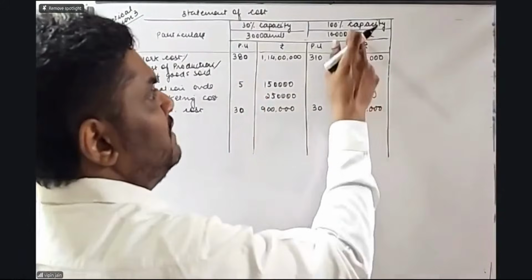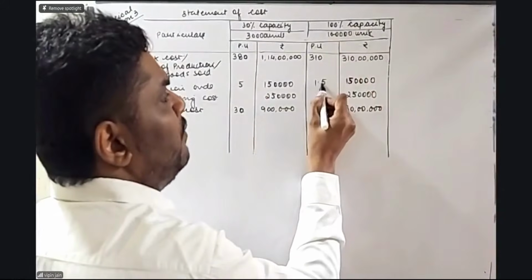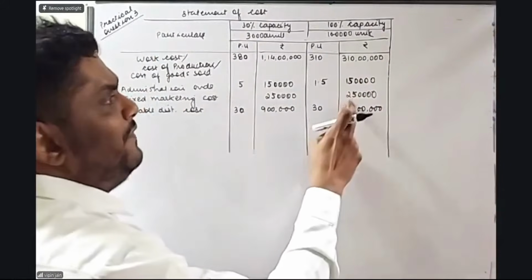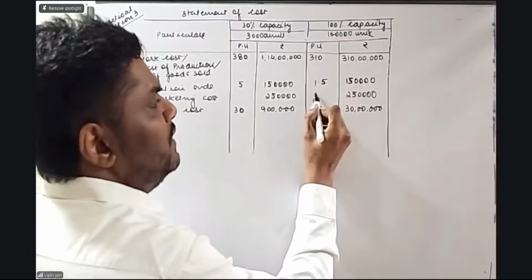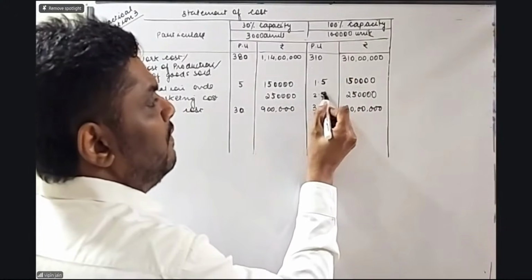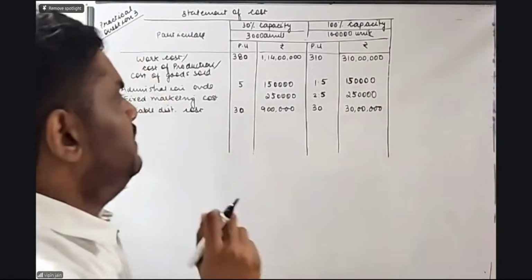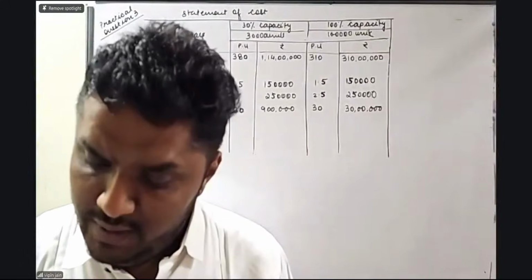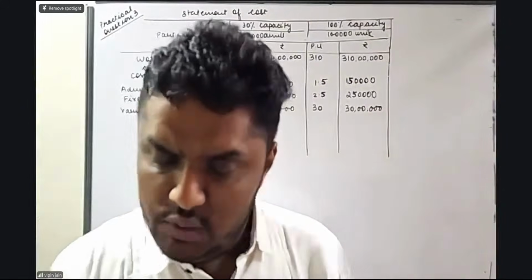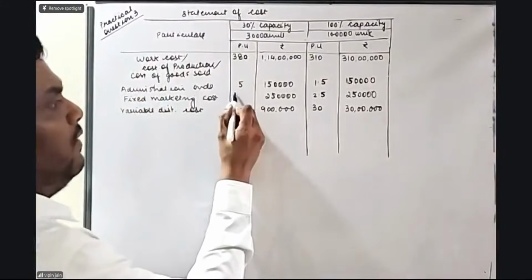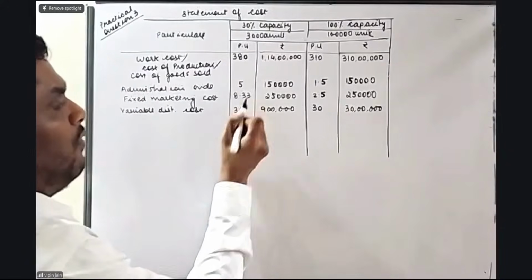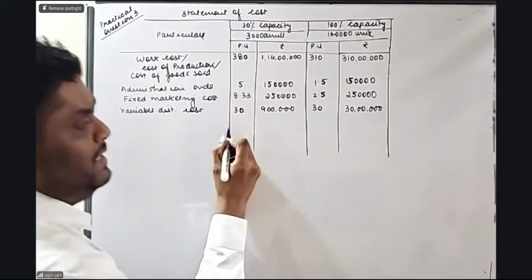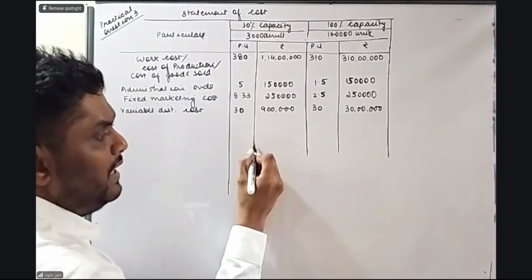And 1,50,000 divided by 1 lakh will be 1.5. 2,50,000 divided by 1 lakh will be 2.5. And 2,50,000 divided by 30,000 will be 8.33. So these are the costs that are given.